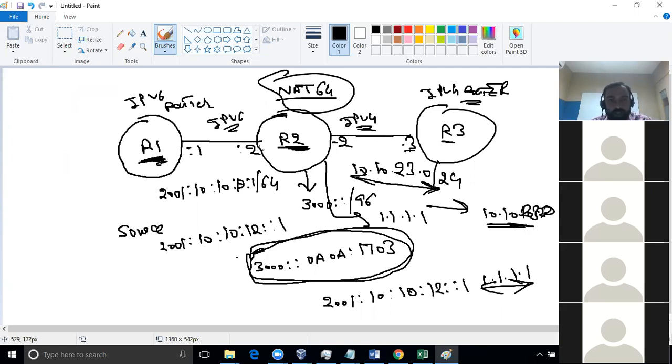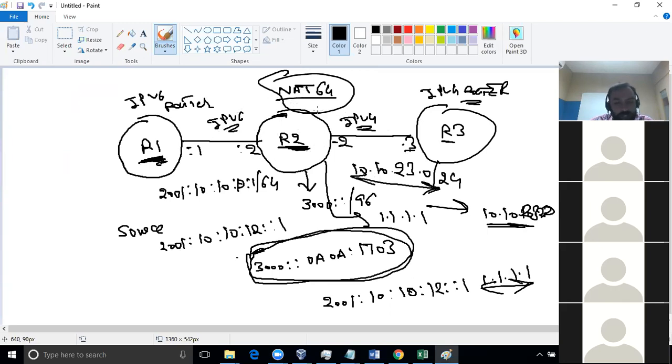So nat64 is available in 2 variations, stateful and stateless. Stateless means you need one-to-one mapping between IPv6 and IPv4, so the idea is not to preserve the addressing space. But the second one is nat64 stateful.